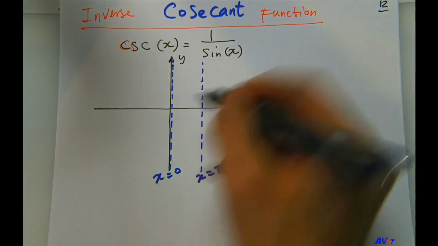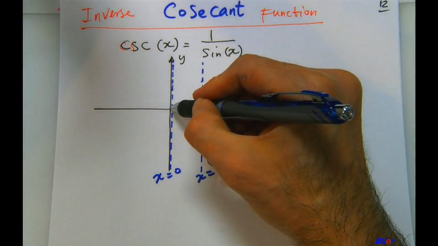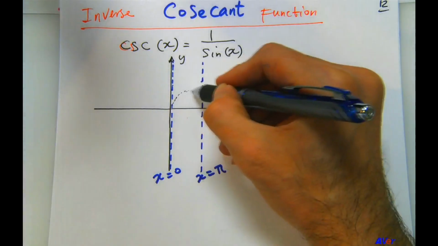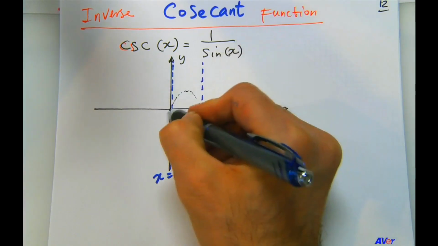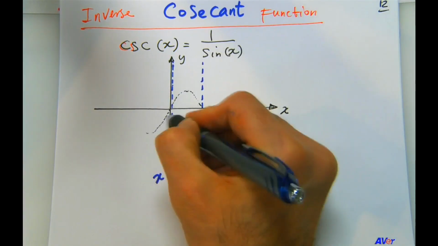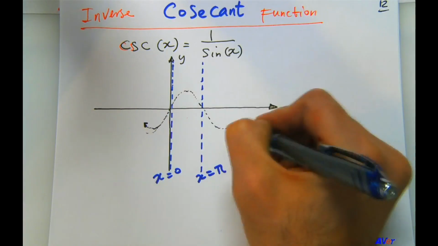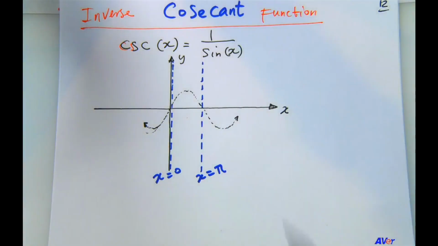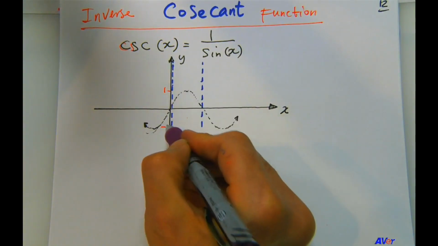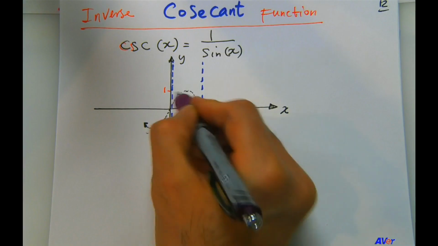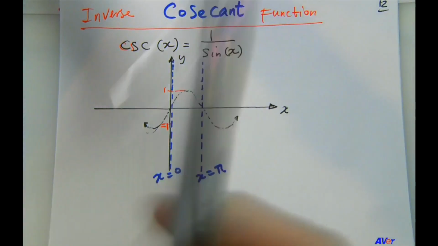Okay, so the sine function looks like this, and this side, oops, I went too far down, so let me do it like that. Like this and like that. Okay, and as you know, the peak here is 1, and the low point is -1 here and here, roughly.